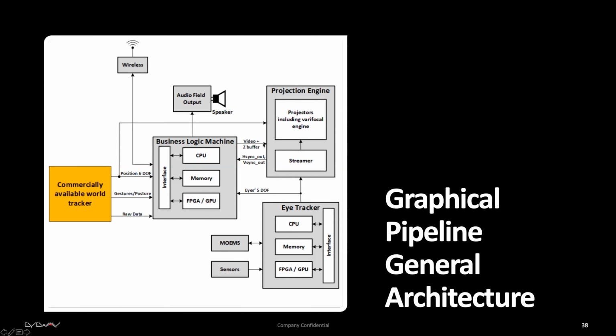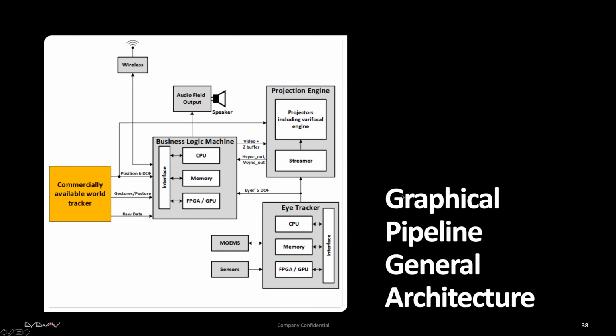So we have 4 SVGA video streams. Another parameter that we also send is the Z buffer, which basically means at which distance we would like to create the image. So it operates the varifocal part of the projection. So this is more or less the graphical pipeline and the data flow.